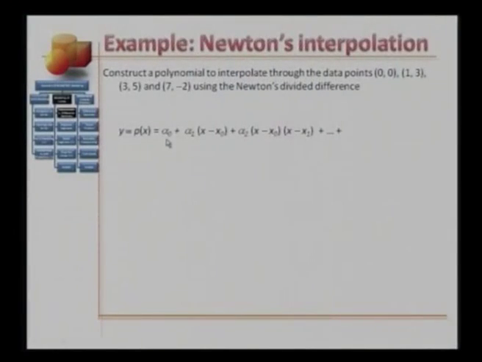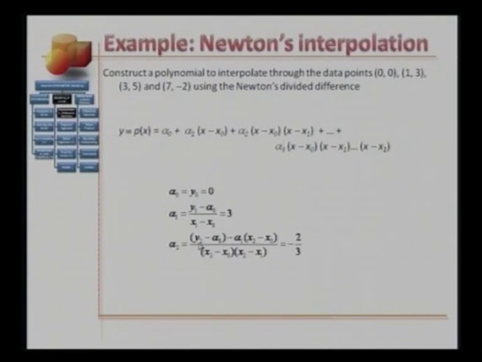Coming back to the example, one can also compute these unknowns, the divided differences, algebraically. We know alpha 0 is the same as y0, which is 0. Alpha 1 is y1 minus alpha 0 over x1 minus x0, which is 3. Alpha 2 is y2 minus alpha 0 minus alpha 1 times x2 minus x0 over x2 minus x0 times x2 minus x1, which is minus 2 over 3.